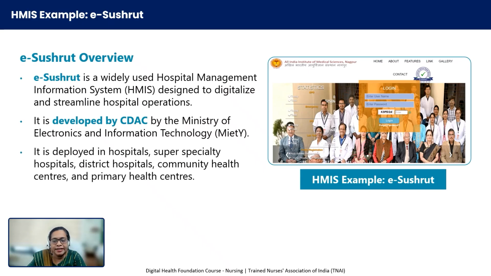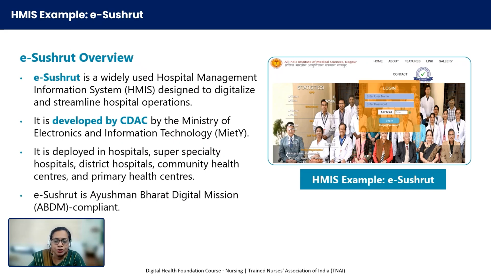This system is deployed in a range of healthcare settings, from large super specialty hospitals to district hospitals, community health centers, and even primary health centers. Importantly, E-Sushrut is also compliant with the Ayushman Bharat Digital Mission, ABDM, ensuring seamless integration with national health initiatives. With E-Sushrut as our example, we will now dive deeper into how HMIS platforms empower hospitals to deliver better, faster, and safer care.